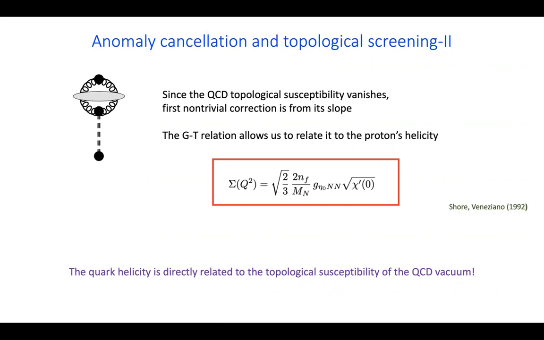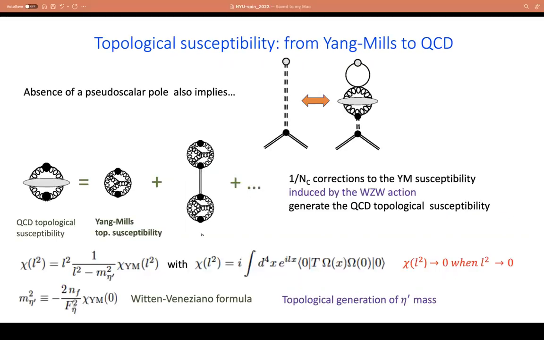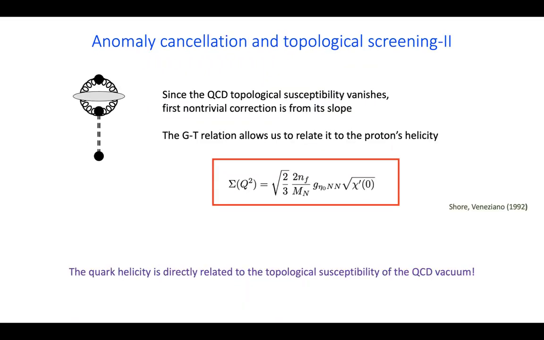In our framework, we see exactly how this comes about. You can show this explicitly using the Goldberger-Treiman relation that I mentioned. Why the slope? Because the topological susceptibility in the forward limit is 0, so the first non-trivial term in the Taylor expansion is the slope.